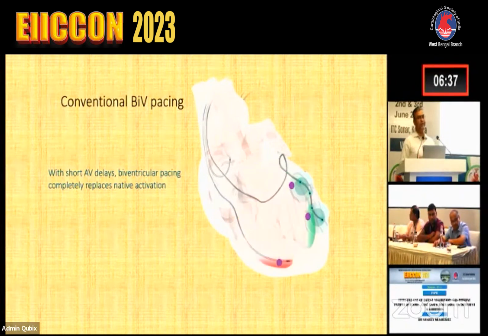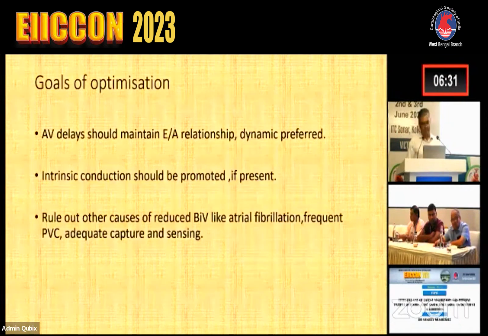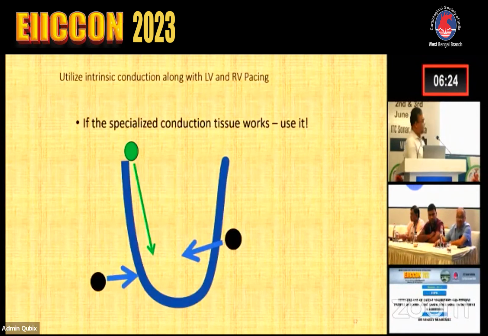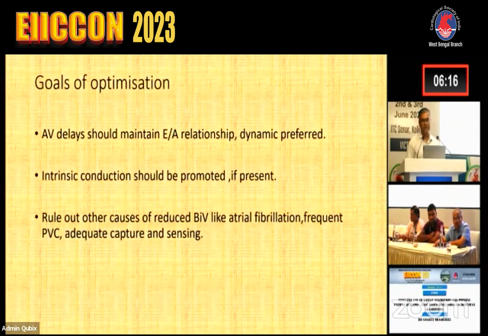So we put in a CRT and take away that intrinsic conduction. The algorithms that are coming are going to utilize it. They look at how best we can use the intrinsic conduction and fuse it with one of the leads that you have put in. That is the whole idea.